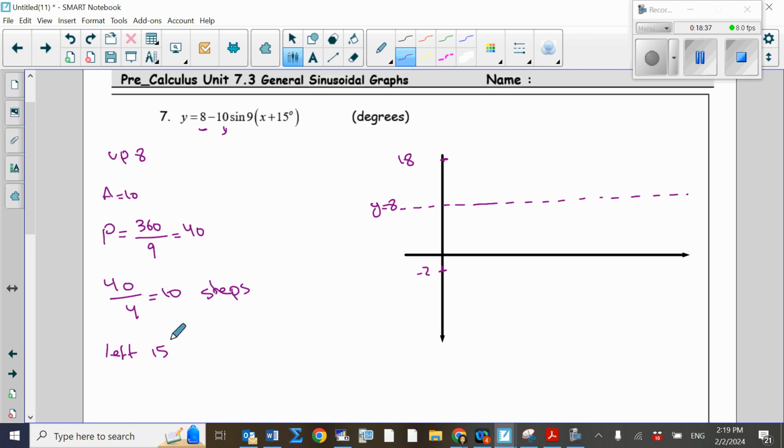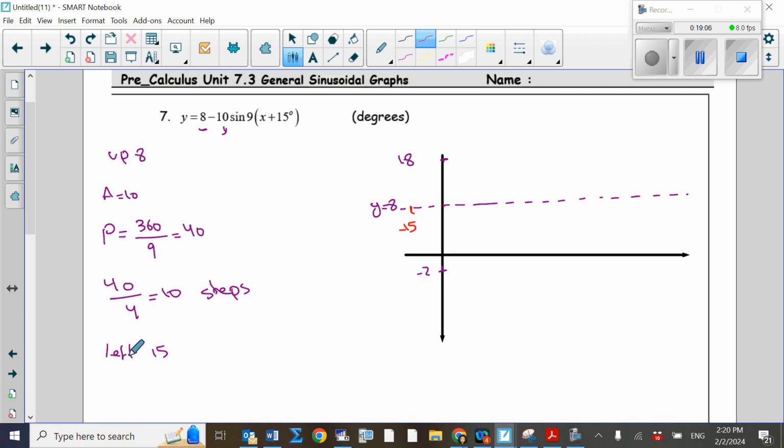The steps said to do the horizontal shift first, then the critical points and the period of the function. It doesn't really matter. That was just a suggested order. You could do either of them first. Anyway, so the function is moved left 15. That means from 0, you're going to move 15 left. So at -15 is the start point of your function.